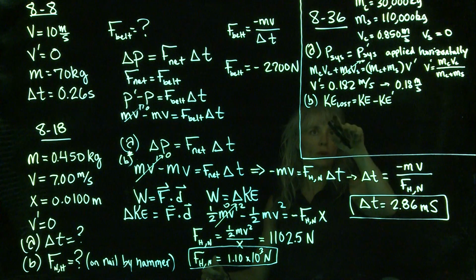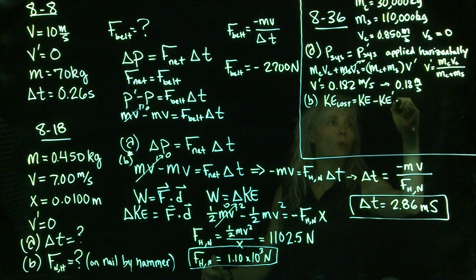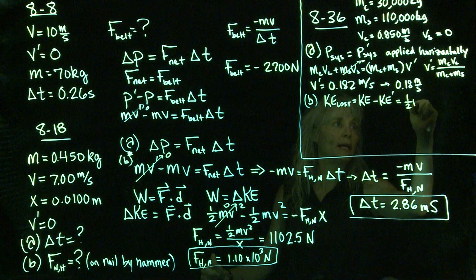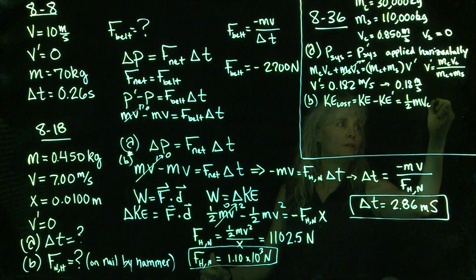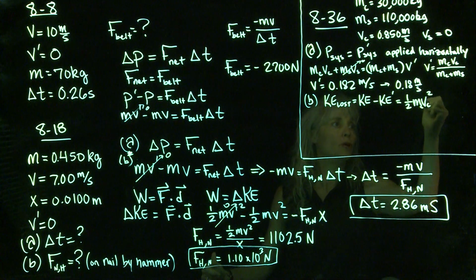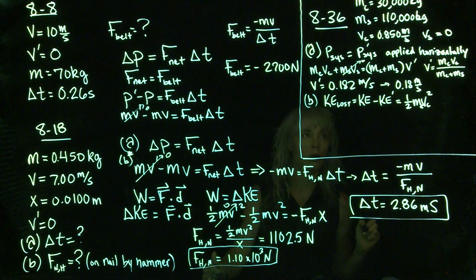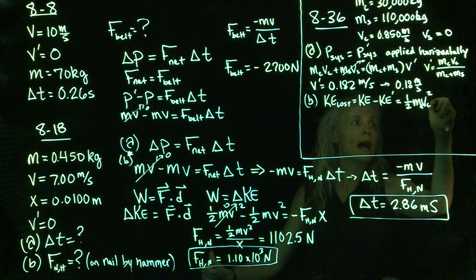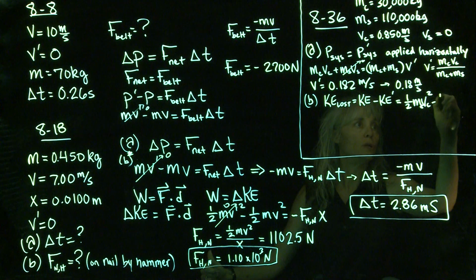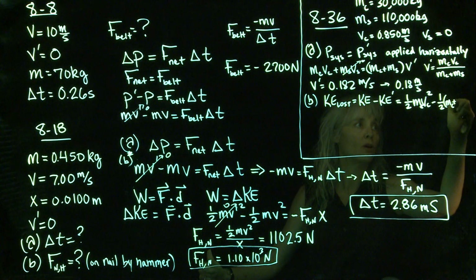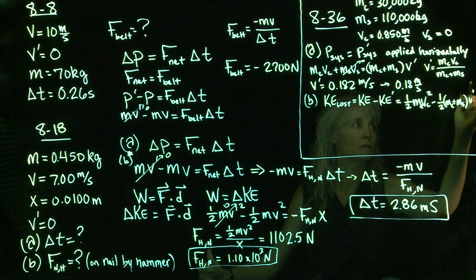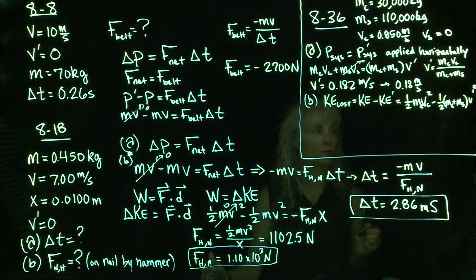So before the collision, we have 1/2 m v_c squared. Notice that all of the initial kinetic energy is in the car. And now we're subtracting the final kinetic energy, which is going to be 1/2 times the sum of the mass of the car and the mass of the scrap times their final velocity squared.